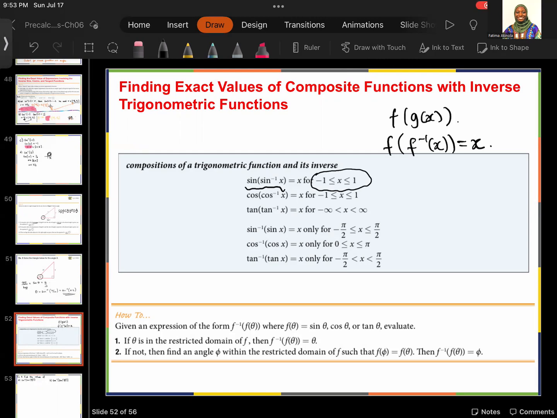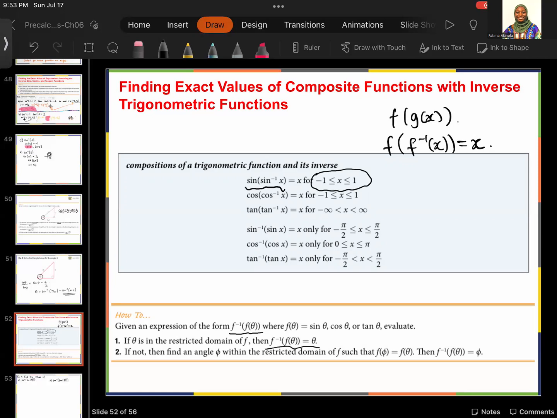Now, given an expression of the form f inverse f of theta, where f of theta is sine, cosine, or tangent, you can evaluate for theta by first checking if theta is in the restricted domain of f.